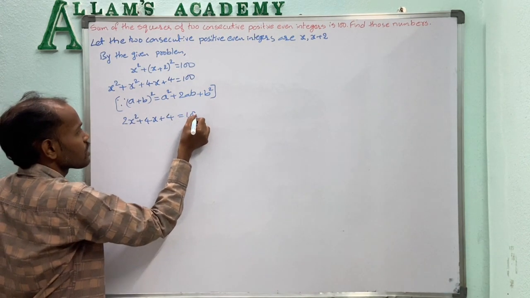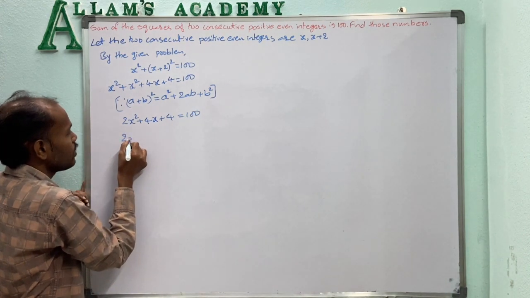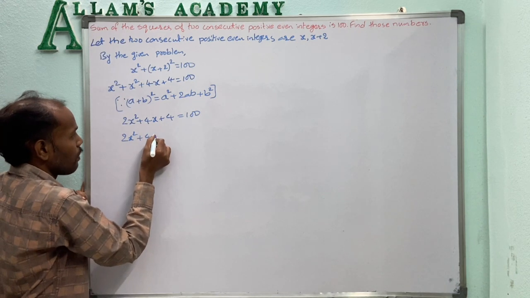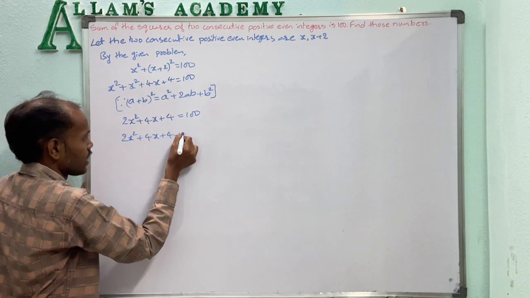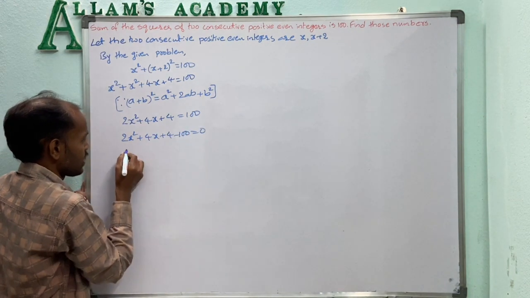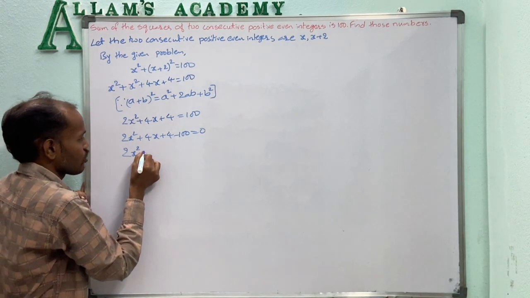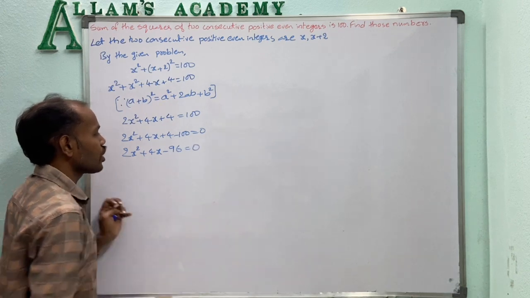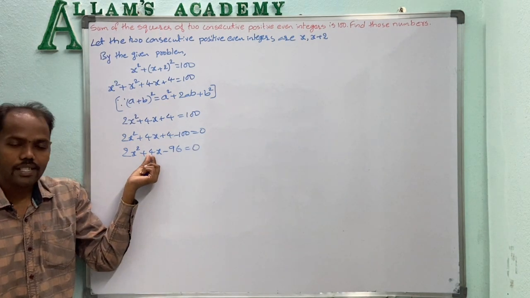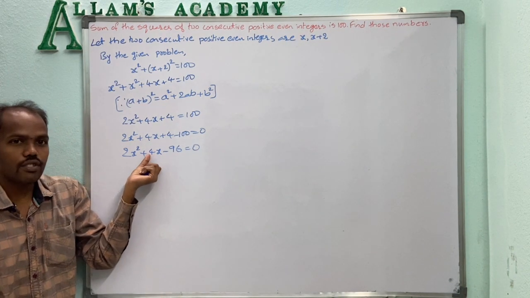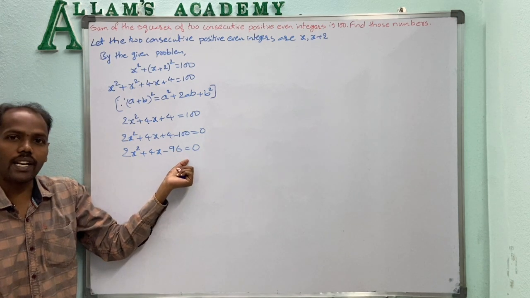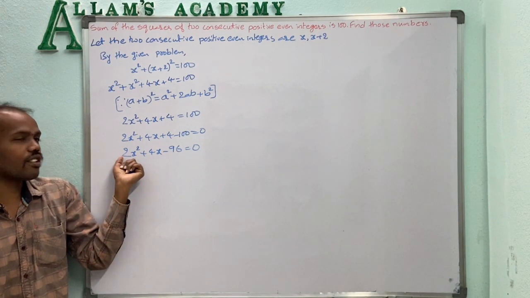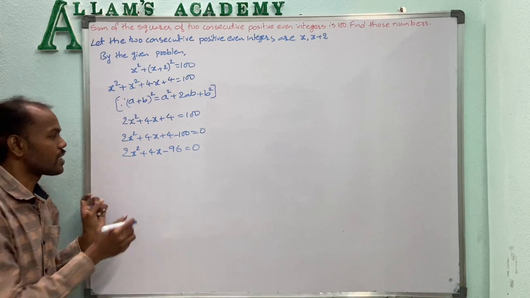Transferring 100 to this side, it becomes minus 100. So minus 100 plus 4 is minus 96. So 2x square plus 4x minus 96 equal to 0. Now 4 can be written as 2 into 2, and 96 as 2 into 48, so 2 is the common number.